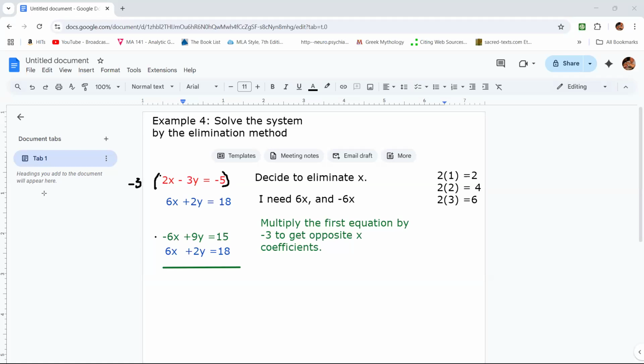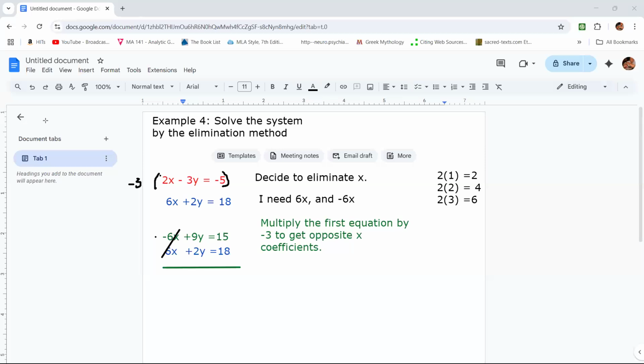This is going to give me my 6 x's are going to cancel out. So here, these cancel. And I have, so this becomes 9 plus 2 is 11.